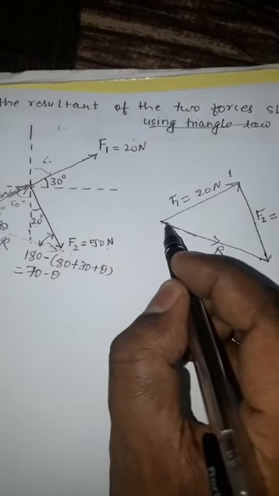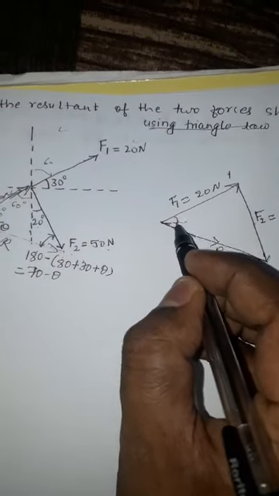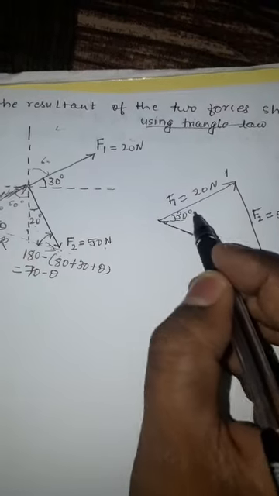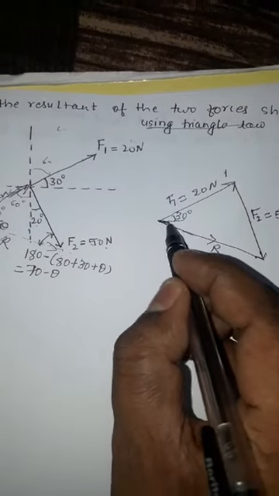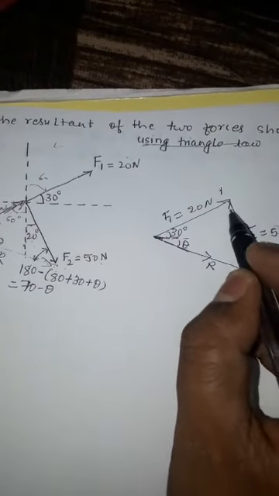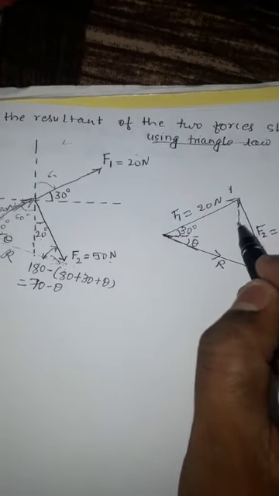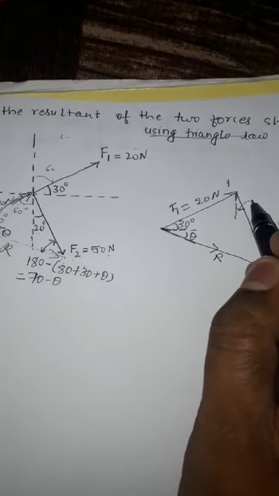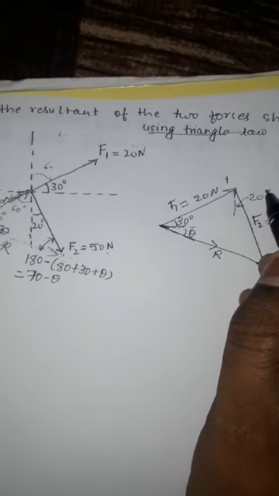This angle I have already calculated, that is 30 degree. This I have considered as the angle of the resultant with horizontal, theta. This is a vertical line, so this will be 20 degree.